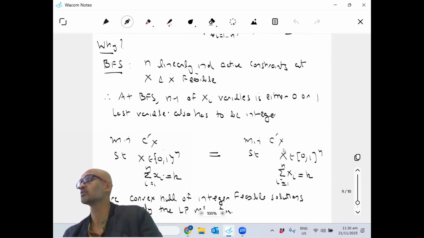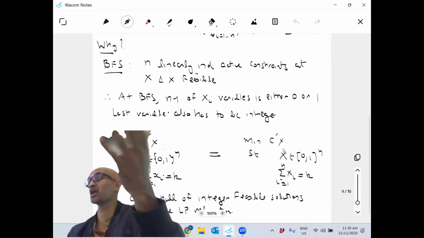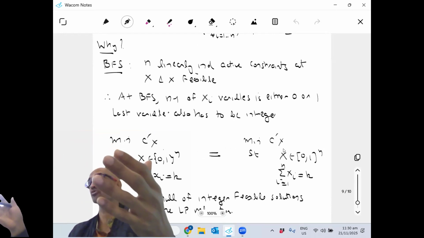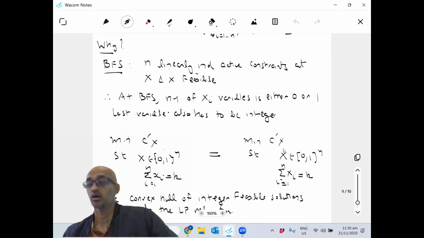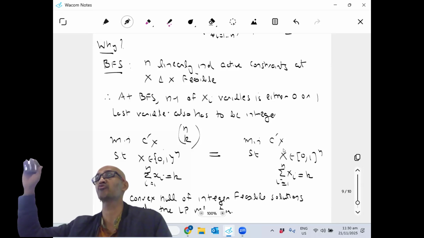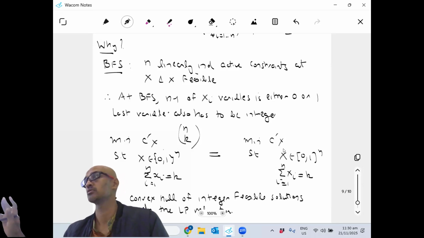It's precisely this. You can minimize or maximize depending on whether you're trying to find the k smallest or k largest numbers. Again, you cannot enumerate because the number of feasible solutions is n choose k. If n is 100 and k is 50, that's 100 choose 50, which is exponentially large. But an LP with exactly 2n plus 1 constraints solves this problem.